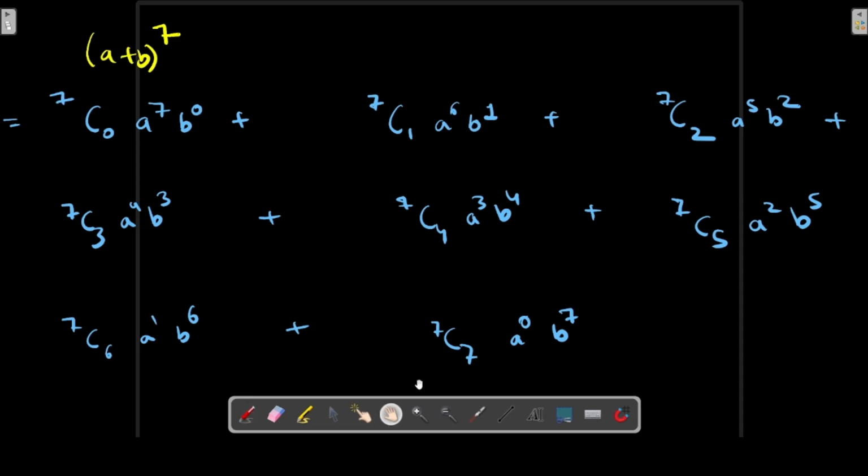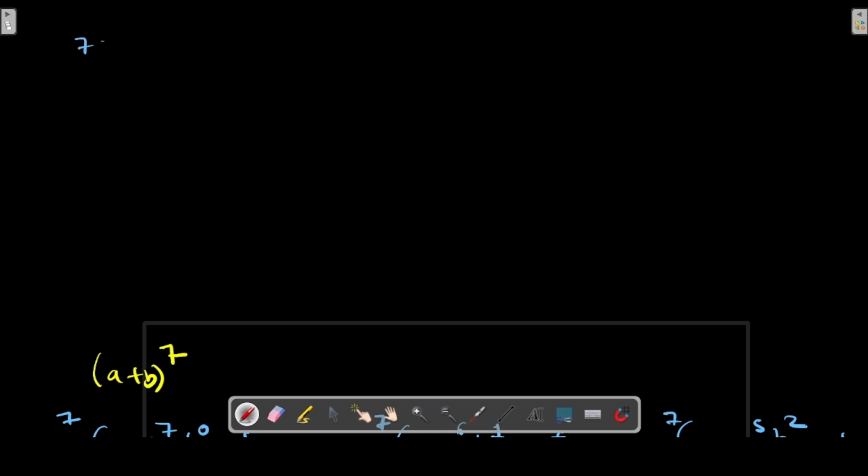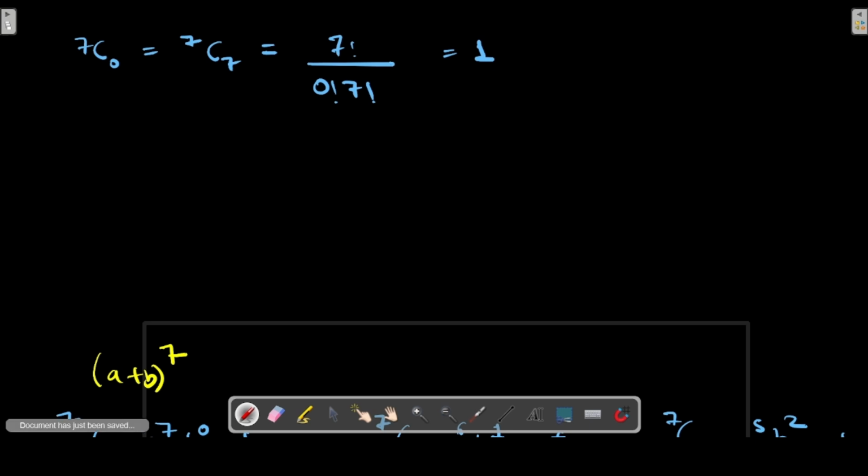Now let's just find the value of these coefficients, and we know that these are symmetrical, right? So we know 7C0 will be the same as 7C7. That will be 7 factorial upon 0 factorial times 7 factorial, that's 1.